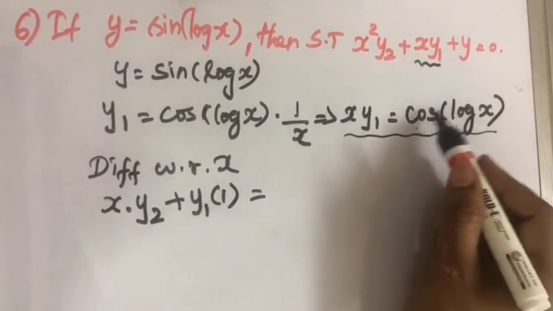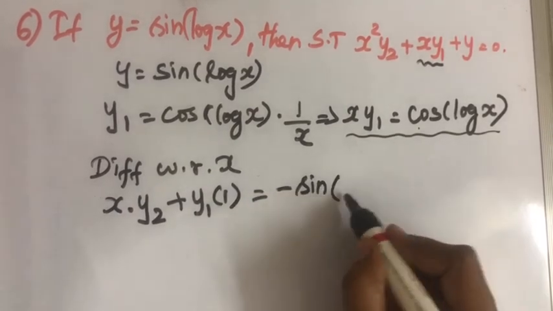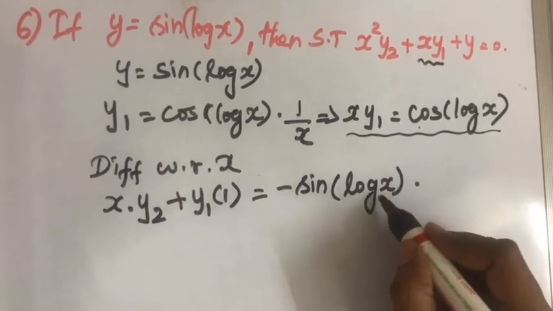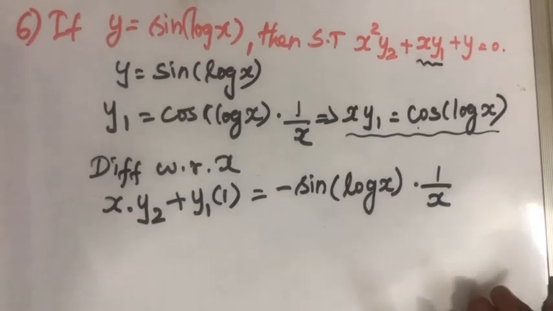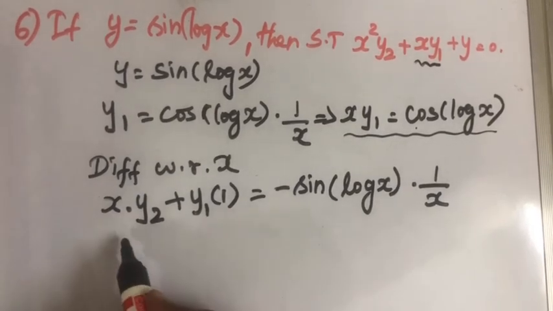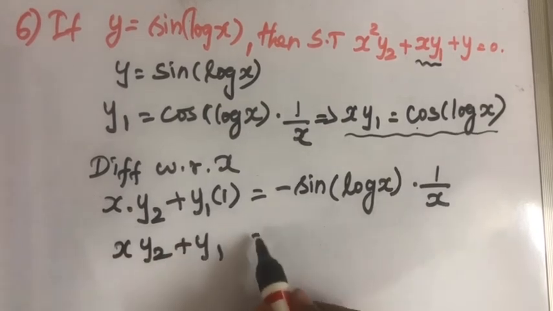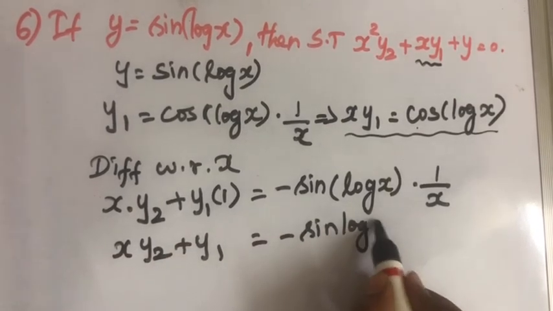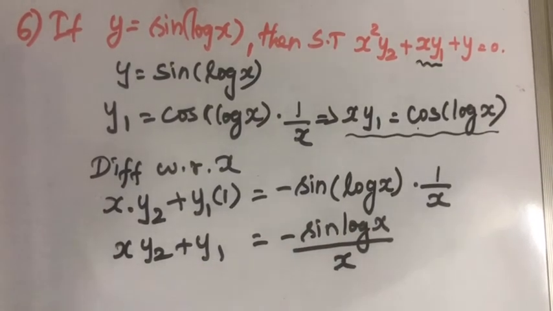What is the differentiation of cos x? Minus sin x. So minus sin log x into differentiation of log x, which is 1 by x. Chain rule. So here I have x y2 plus y1 is equal to minus sin log x divided by x. Now we can cross multiply x.